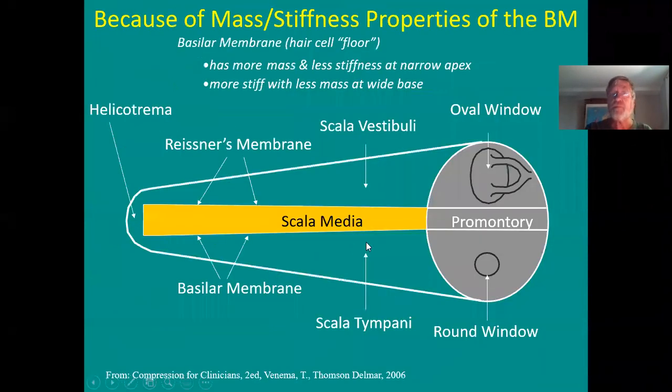Here again, because of the mass stiffness properties of the basilar membrane, more mass and less stiffness at the narrow apex of the cochlea, more stiff with less mass at the wide base of the cochlea. That is why you're going to have a bulging of the walls mostly taking place here.